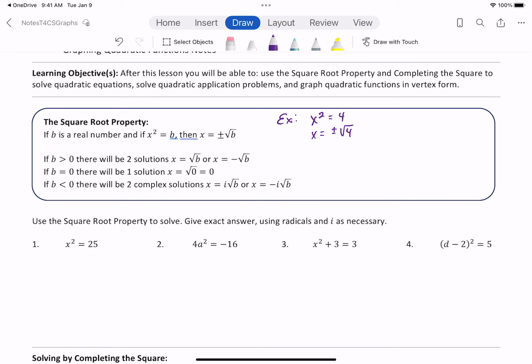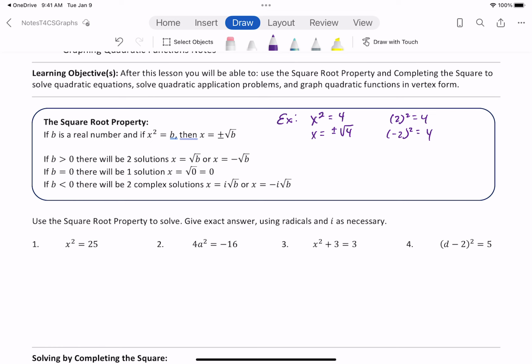And you notice we're getting two solutions here, a positive and a negative, because as you know, if I square 2, I get 4. And if I square negative 2, I also get 4.